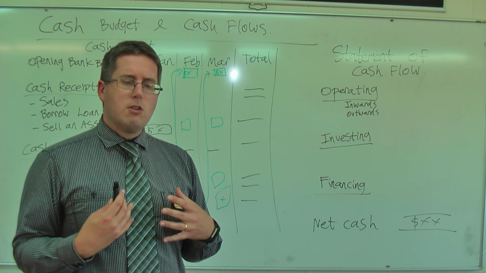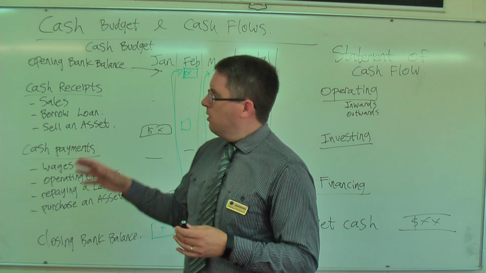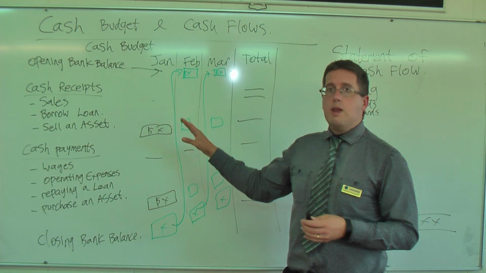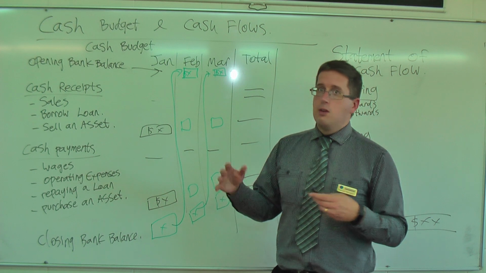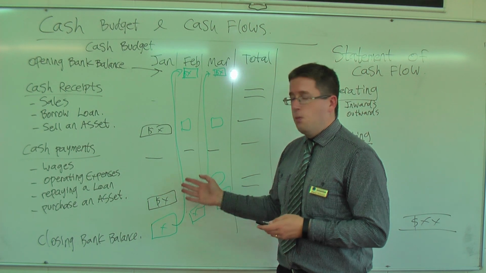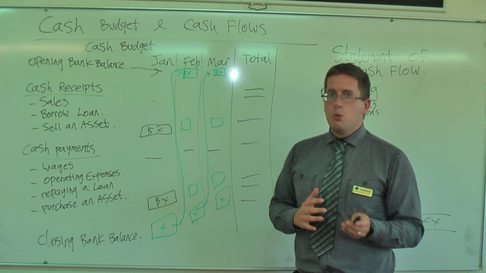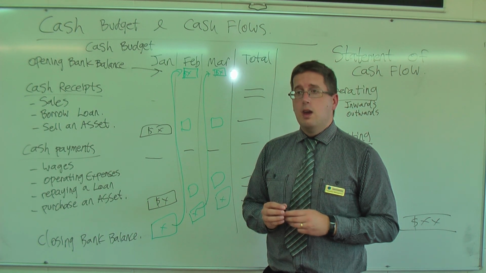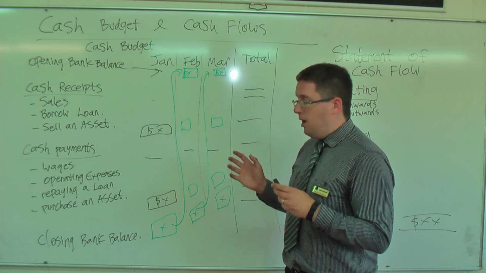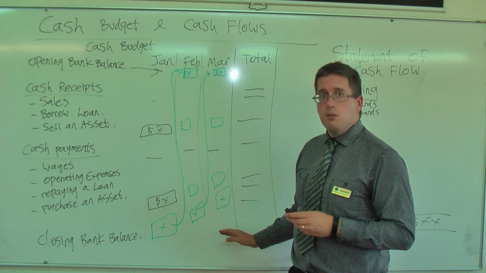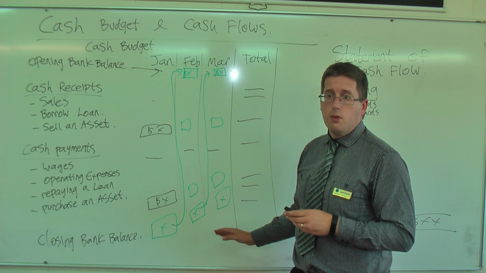What could they change? Could they change when they purchase some things? Could they delay the purchase? Could they borrow more money? Got to think about the sources of cash and how they're paying out cash, and making sure that the bank balance actually remains above zero, because that's an important thing.